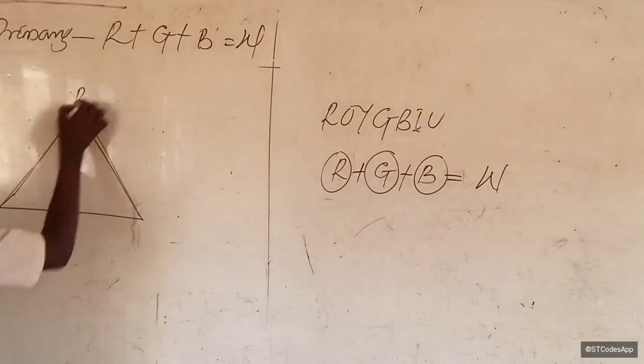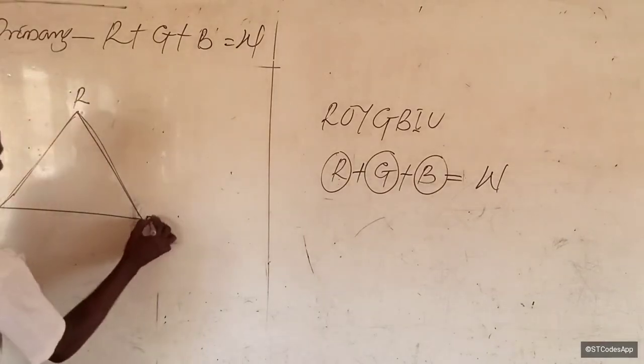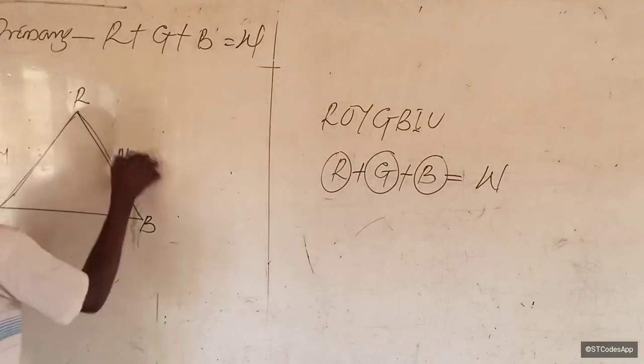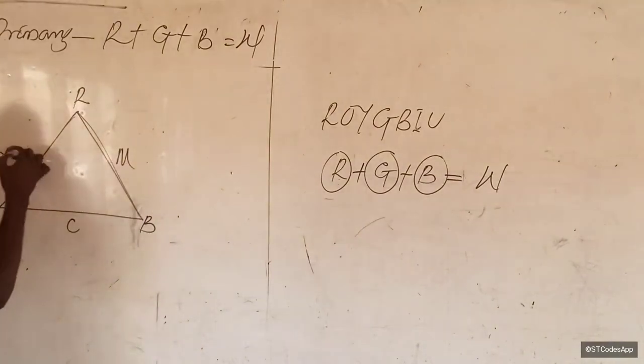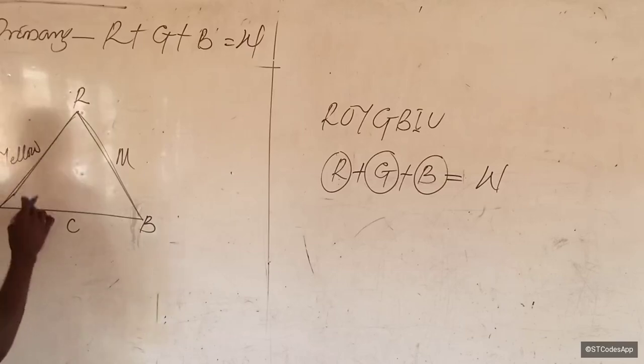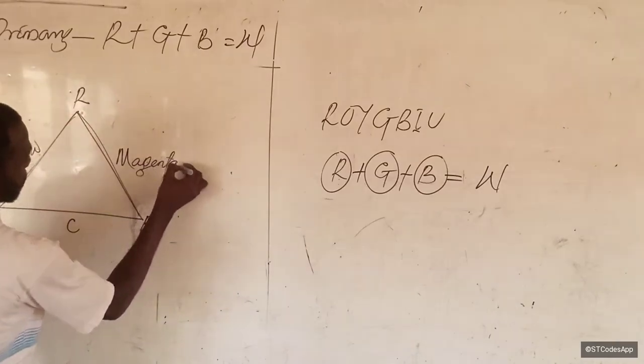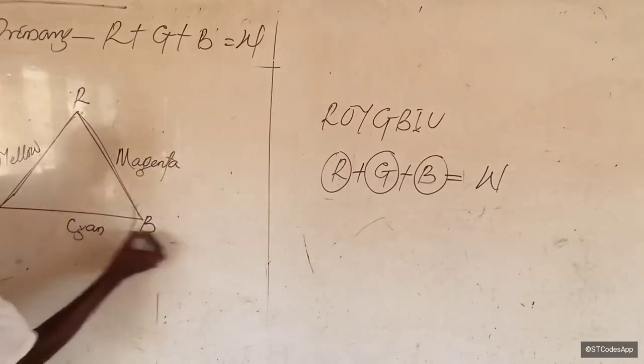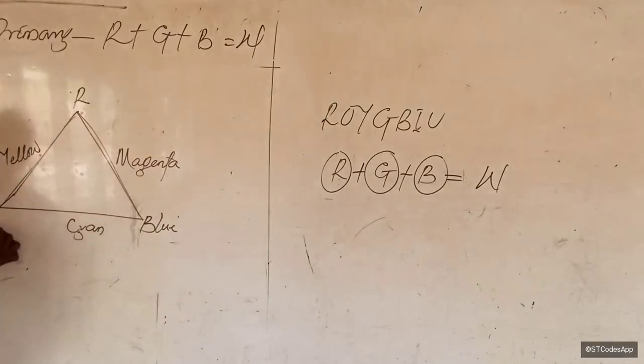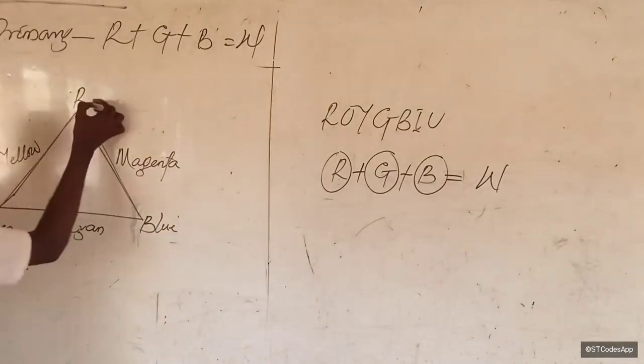So we have R here. We say RGB and YMC. Y stands for yellow, M for magenta, C for cyan, B for blue, G for green, and R for red.